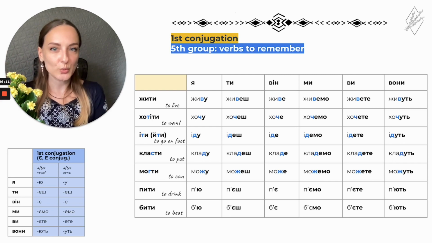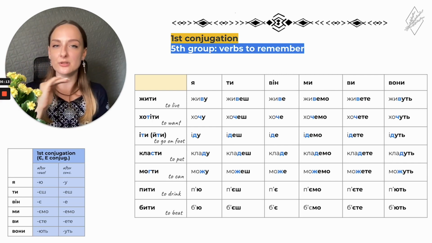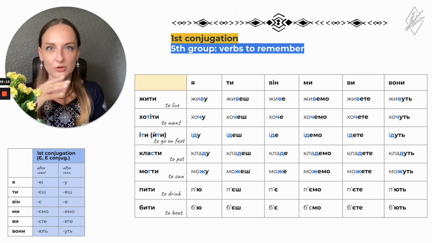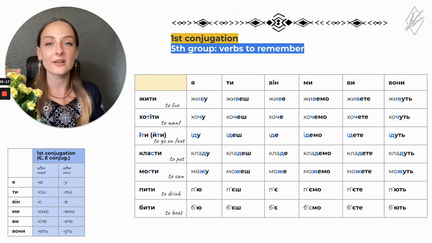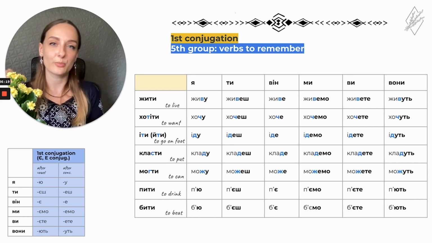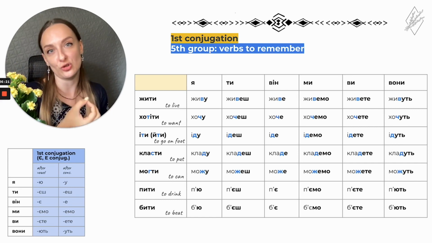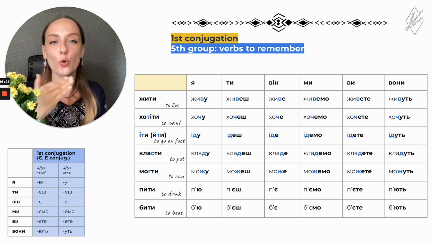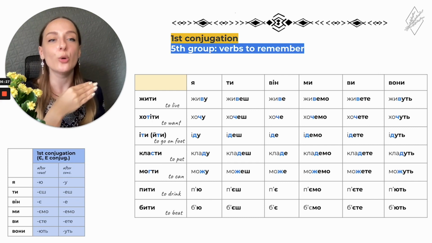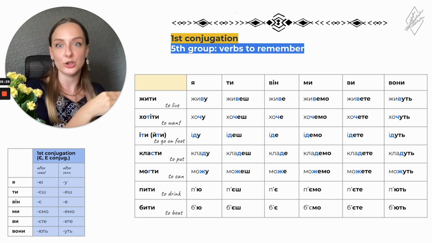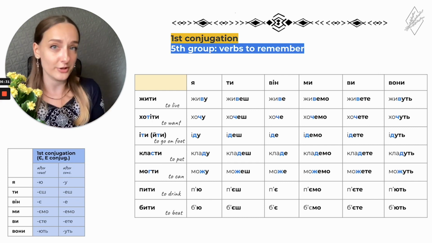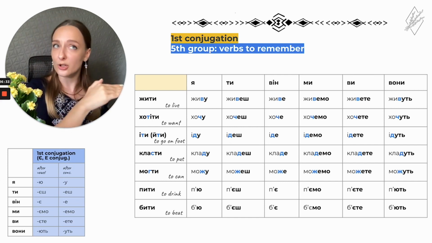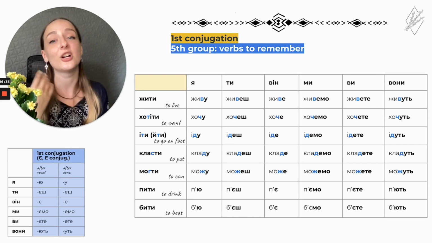Хотіти, to want. Everything is logical, everything is like it should be, but the letter T we replace with the letter Ch, Ч. So, я хочу, ти хочеш, він хоче, ми хочемо, ви хочете, вони хочуть. So, in the infinitive we have T, and in all conjugations we have Ch.